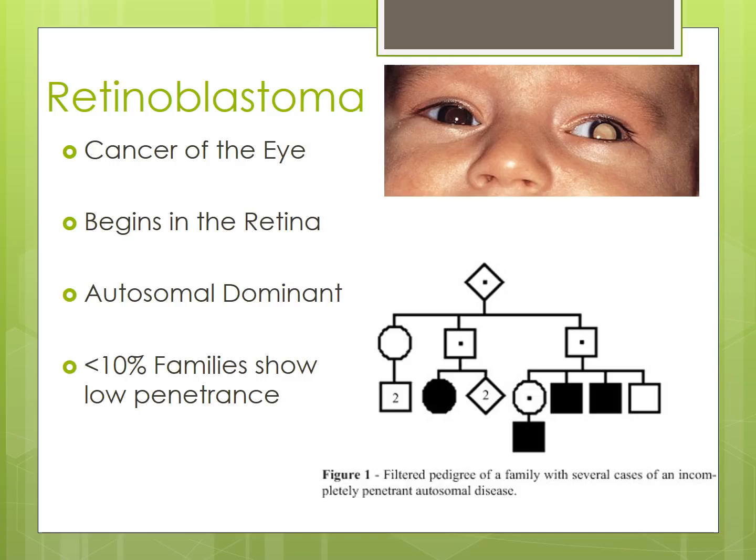In most cases, people with retinoblastoma do have higher penetrance, where almost all the individuals are affected by this specific disease. But this is a good example of reduced penetrance, in the 10% of families that have a low penetrance phenotype associated with it.